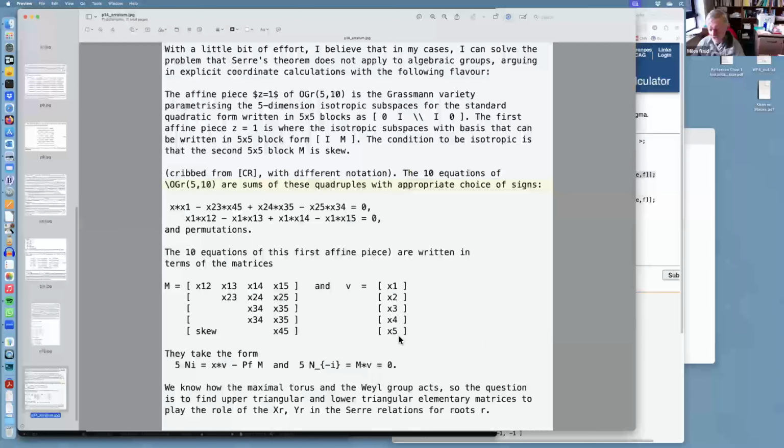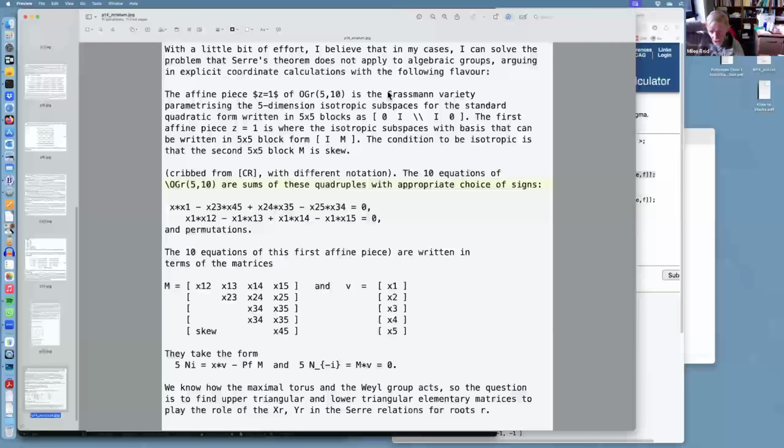So I told you last time that when I was doing the Grassmannian of 2, 5, it was 2 planes in 5 space. I've got a certain manifold or algebraic variety that parameterizes 2 planes in 5 space.